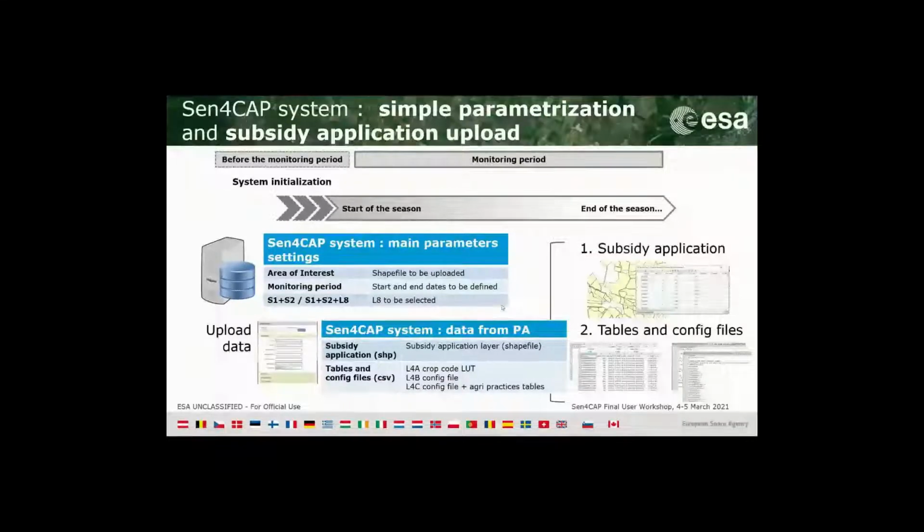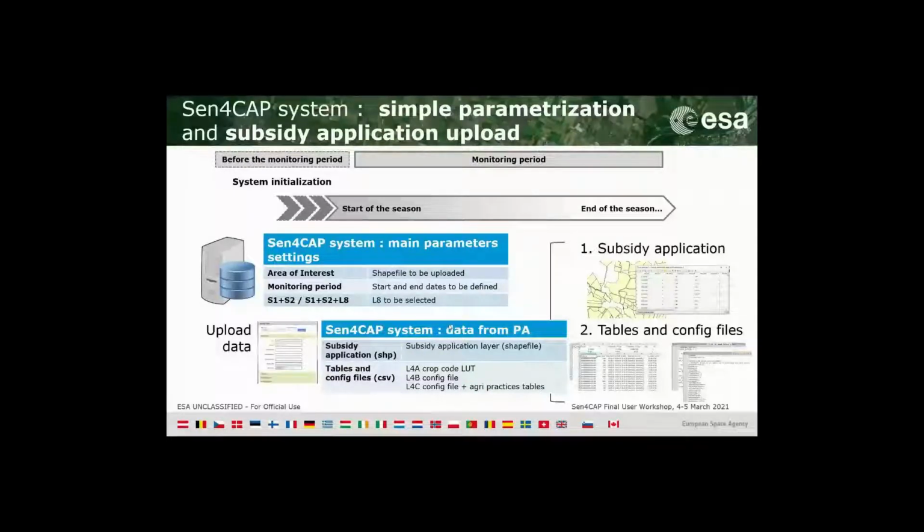And at some point in the season, you receive the declarations from the farmers, and you are able to import this layer inside the system. You have to do that in shapefile format. And when you do that, you can already, for example, use the markers database processor that we're going to see to extract the markers by parcel.